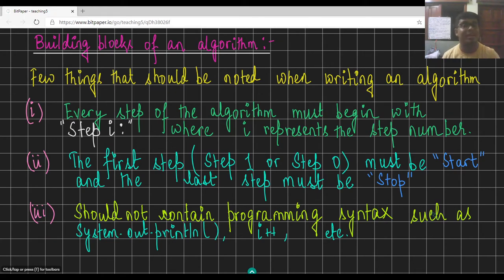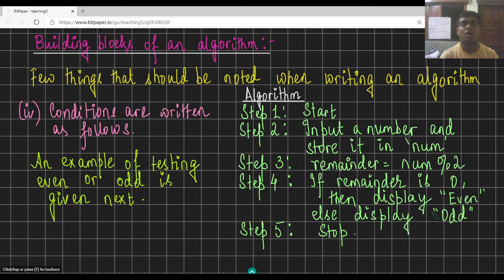Now, moving on to an example of an algorithm. So, how should we write conditions in our algorithm? In this example, I've shown how we write an algorithm to determine whether a number is even or odd. Now, as the second rule states, the first step of an algorithm should be start. Therefore, I've written step 1 is start.